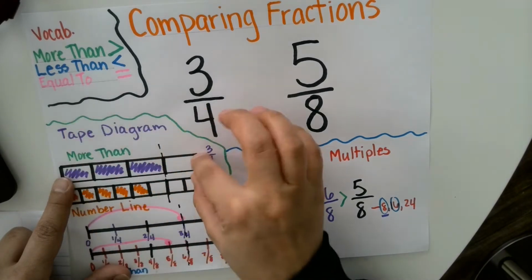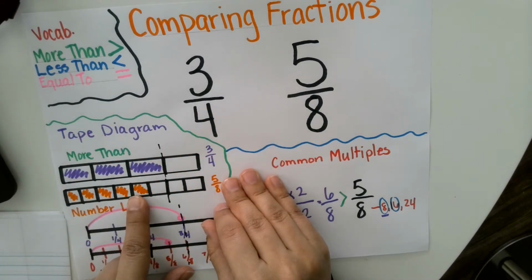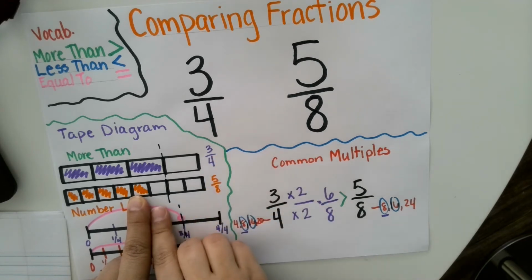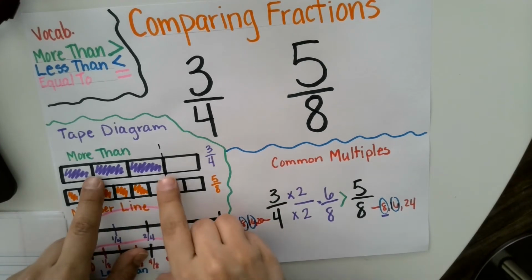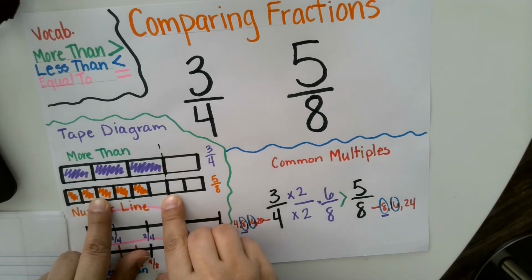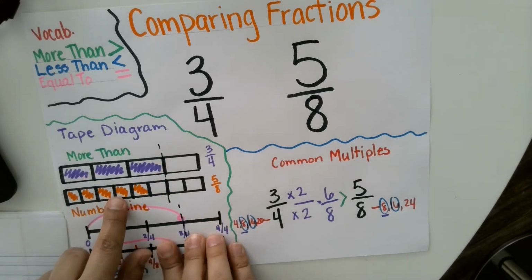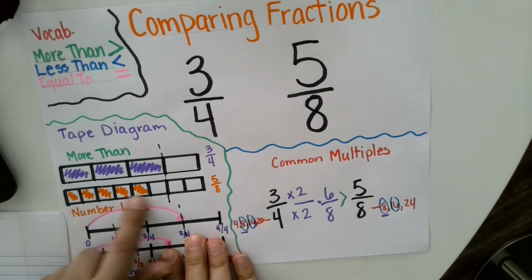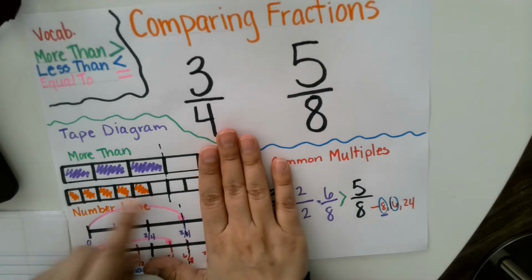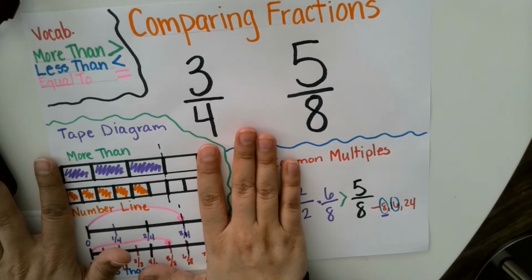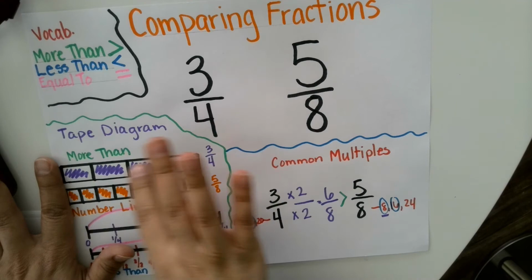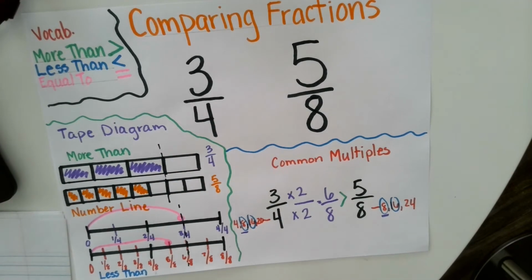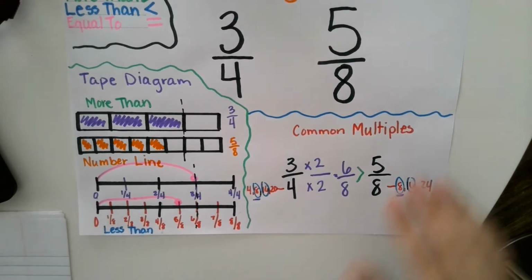I just drew the whole, I found my halfway point, and then from there I realized 8 and 4 go together, right? 4 is half of 8, so I continued where my 4th line would be, and then I drew in my other lines. So now I have 8 total parts. Of those 8, 5 are colored in. So when I look at these two tape diagrams, one on top of the other, I can clearly see that 3/4 is greater than 5/8. And I did the same thing with the number line.